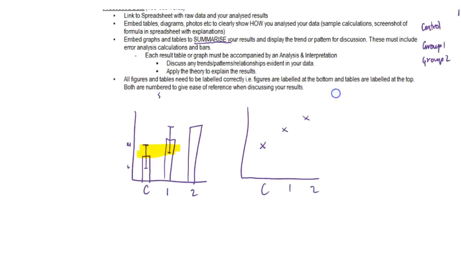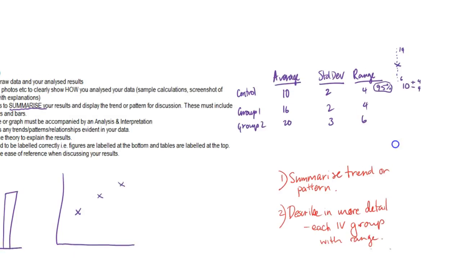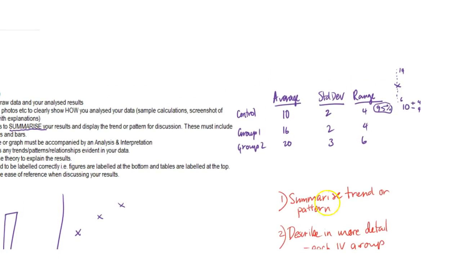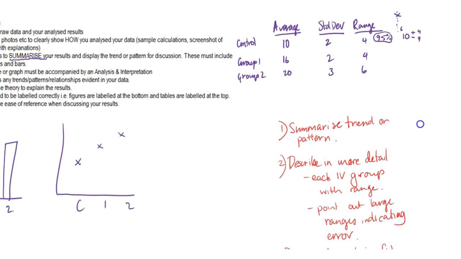Okay, so back to what we do next. You describe in more detail each one of these groups. So for your control, you describe your average plus or minus for each one of these. Group 1 was 16 plus or minus 4, and group 2 was 20 plus or minus 6.